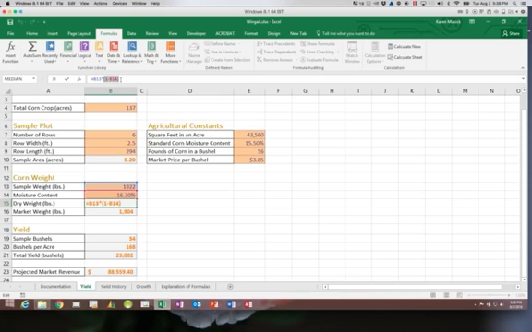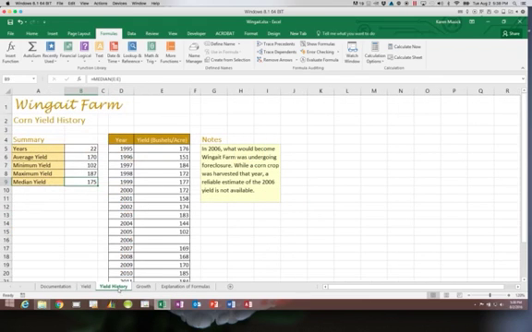Normally, multiplication would be done prior to subtraction, but since we have it in parentheses, that forces it to be done first.